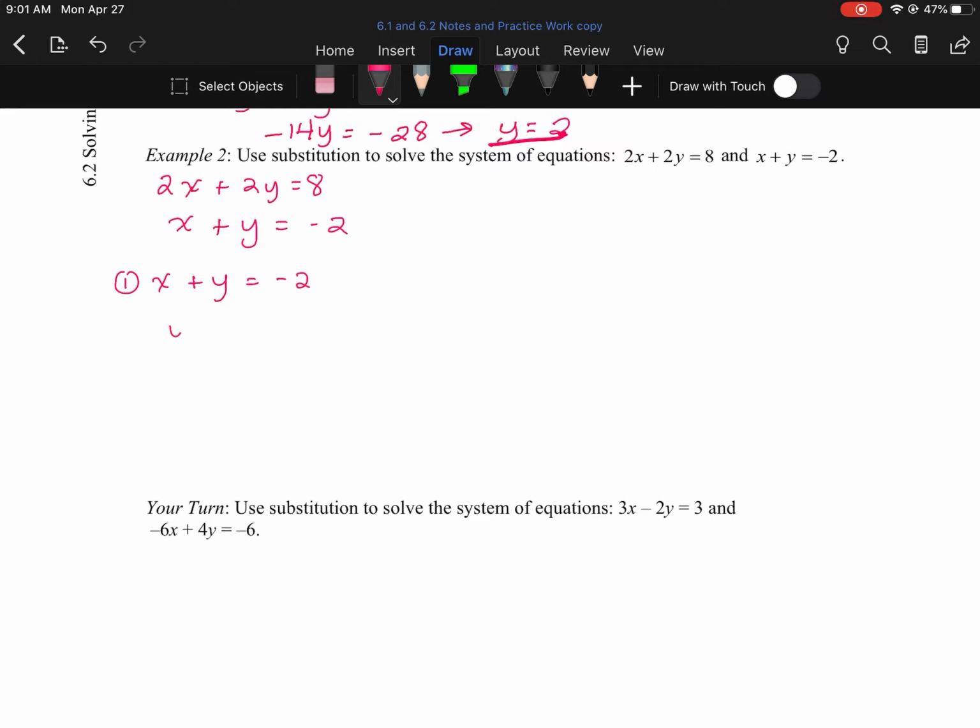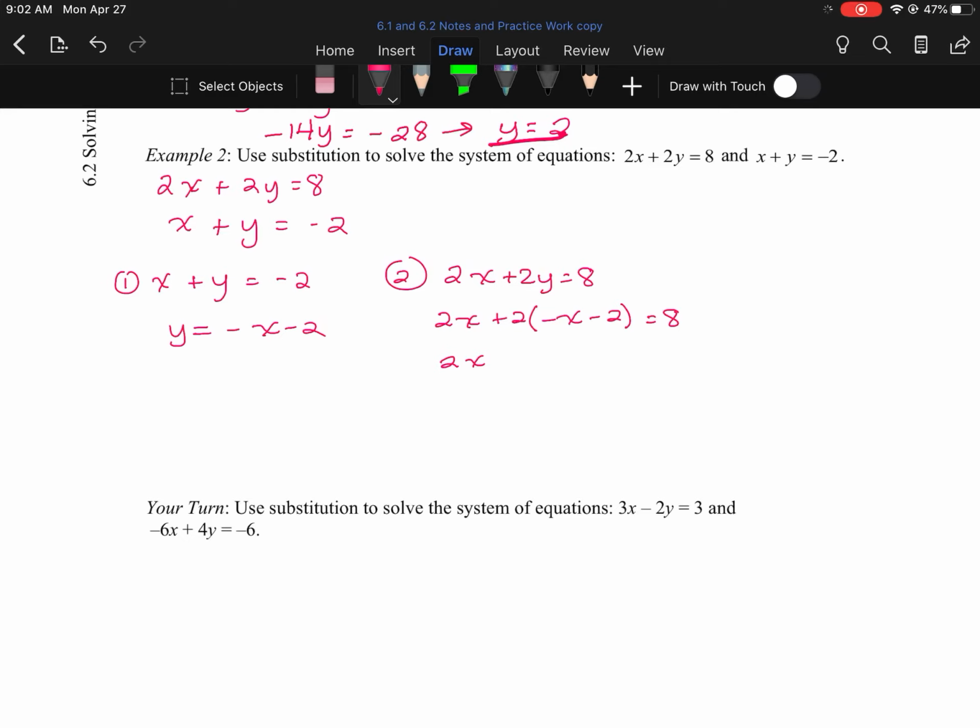I'm going to go ahead and solve mine for y since we're used to that. So we're going to get y equals negative x minus 2. Now I'm going to need to substitute this into my other equation. So 2x plus 2y equals 8. But everywhere I see y, I'm going to do negative x minus 2.